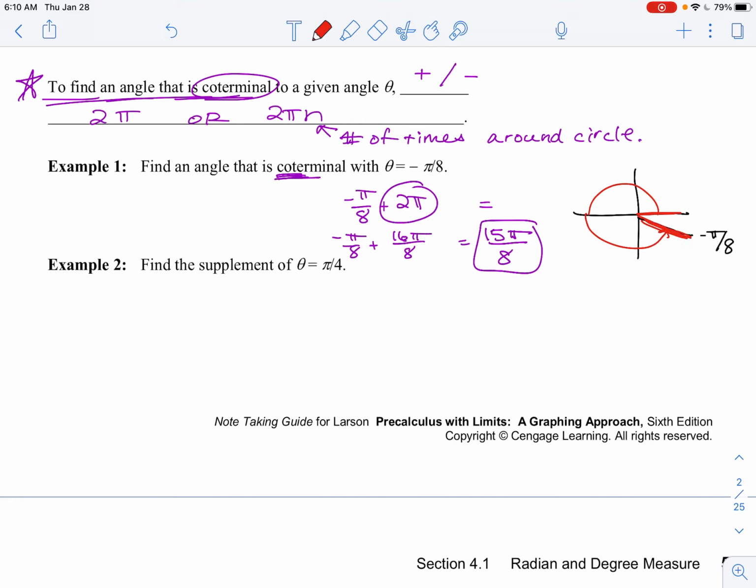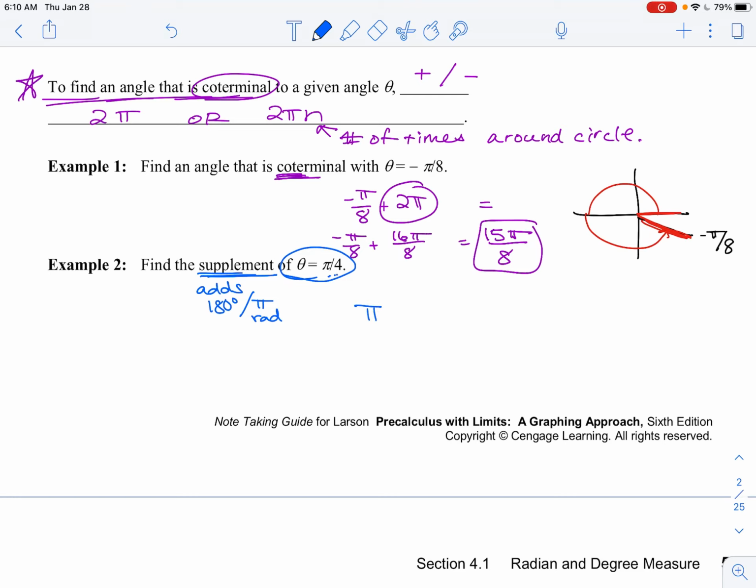Okay, for example 2, it says find the supplement. Remember that the supplement adds to 180 degrees or pi radians, right? So I need to know what will add to pi over 4 and become pi radians. In order to find that, I can just subtract this from pi.